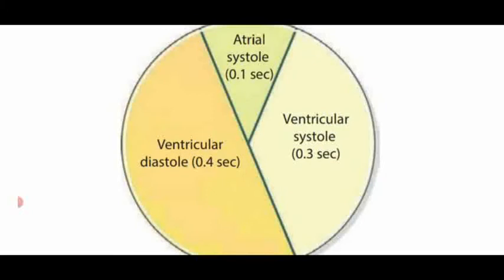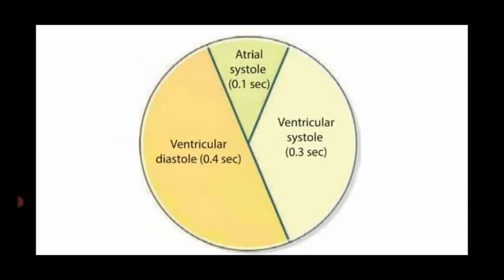See the diagram which shows the cardiac cycle. Atrial systole. What is that? Contraction of the atrium, both the right and left atrium, in 0.1 second. Ventricular systole, both ventricles contract, 0.3 seconds. Ventricular diastole, that means relaxation of both the ventricles, in 0.4 second. So totally these stages constitute one cardiac cycle.